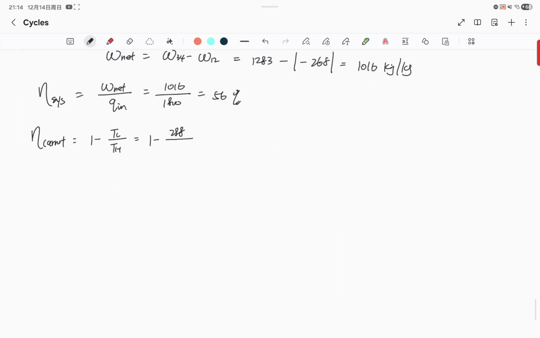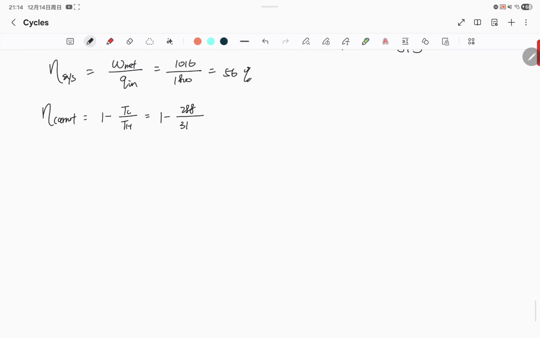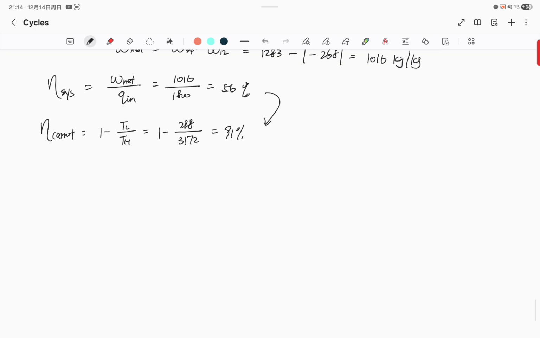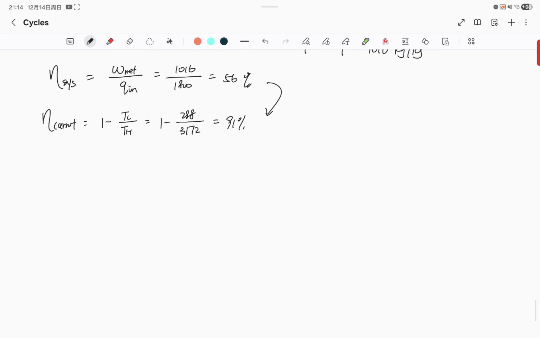It's not 1800. And that gives me 91%, which is crazy. In real life, even 56% for an internal combustion engine, it's pretty much impossible. It's still very high, but everything here is theoretical. So as long as your calculated efficiency is lower than Carnot, that's good.